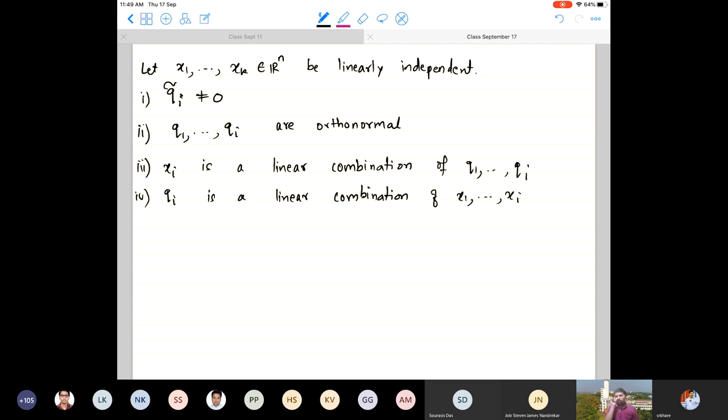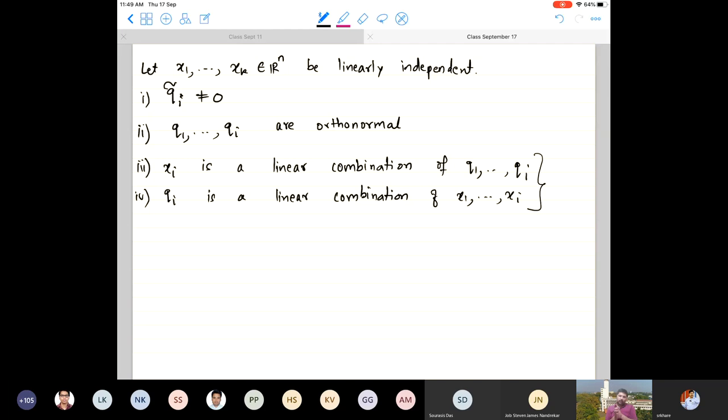So these are the four properties, and these four properties can be very easily proved from the algorithm that we have written. Okay, so these four properties actually help us. These last two properties give us the guarantee that you are not arbitrarily constructing the orthonormal vectors q1, q2, up to qk.